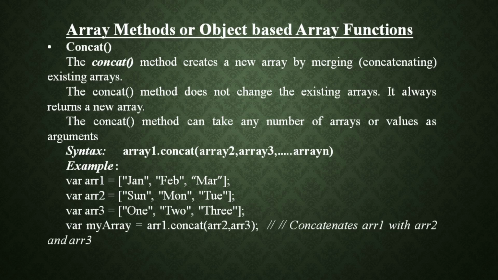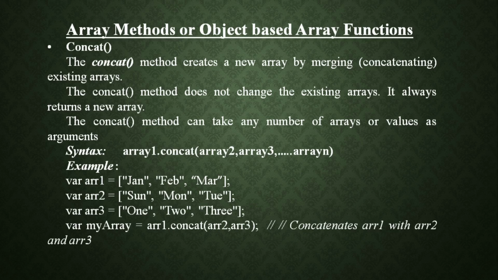It will concatenate array 1 with 2 and 3. This concat method does not change the existing arrays. It always returns a new array. Now my array contains all the array 1, 2, 3 values: January, February, March, Sunday, Monday, Tuesday, 1, 2, 3. The concat method can take any number of arrays or values as arguments.